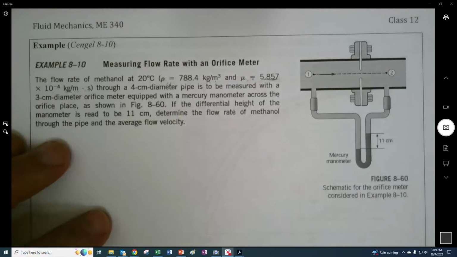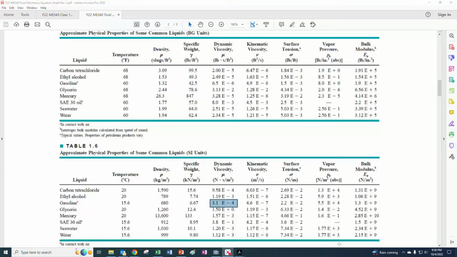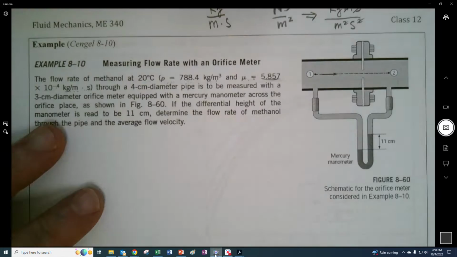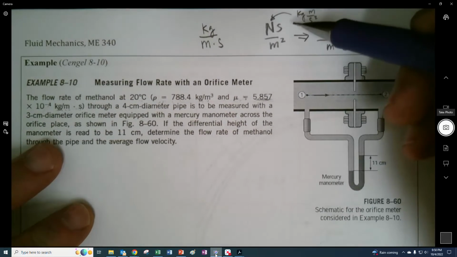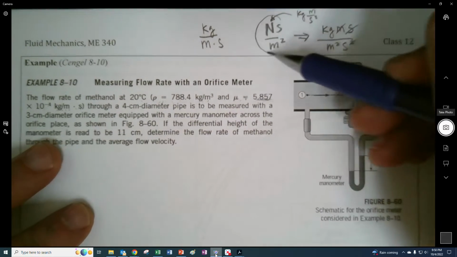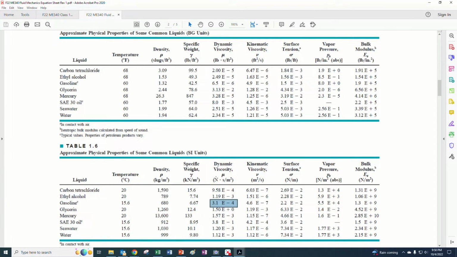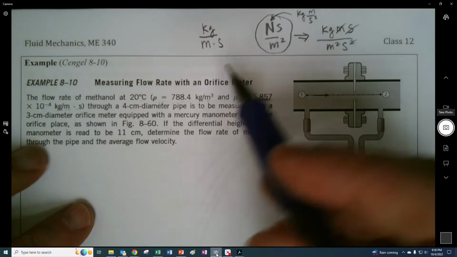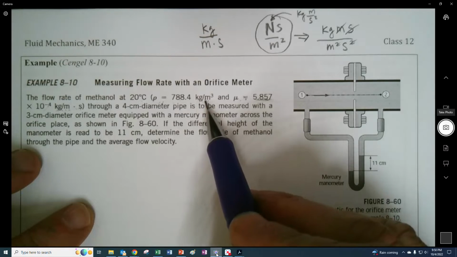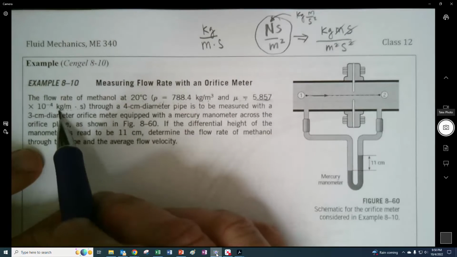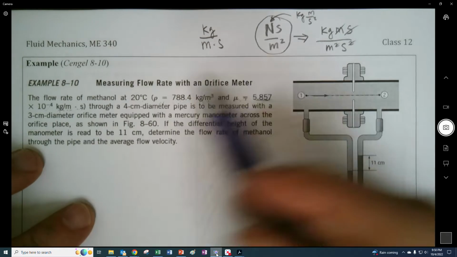I just wanted to check the units that I have on the exam equation sheet, which is right here. For dynamic viscosity, we use a Newton second per meter squared. It bothered me that they were providing kilogram per meter second.